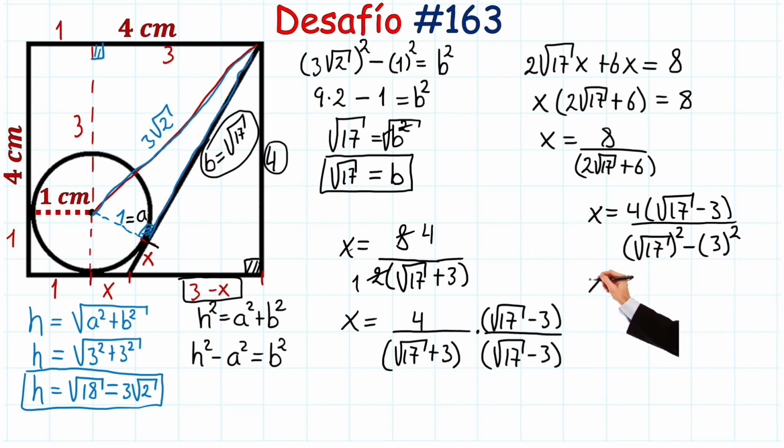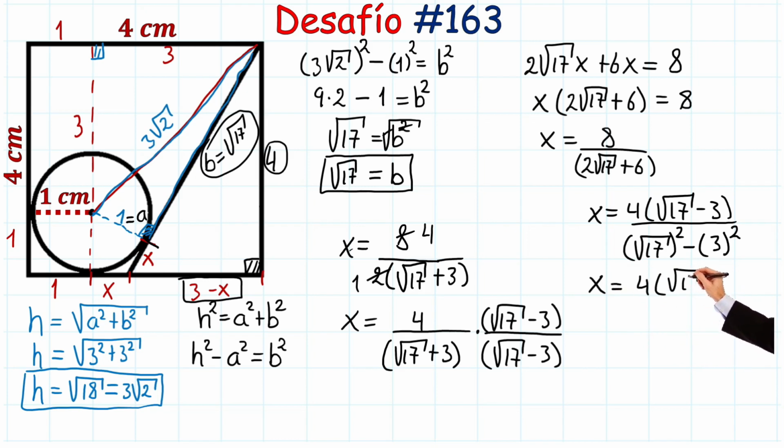Now see, we have x equals 4 multiplied by the square root of 17 minus 3. And in the denominator the root is cancelled with the square and I am left with 17. And over here we have 3 squared, which is 9.